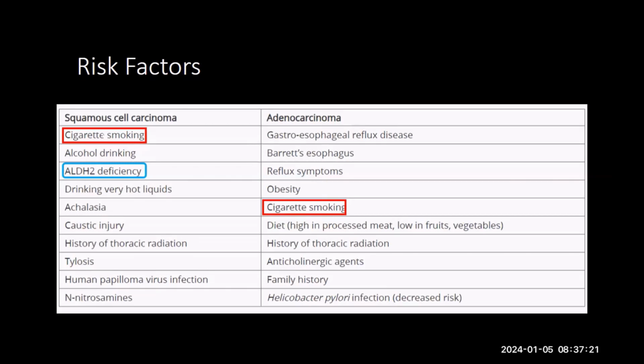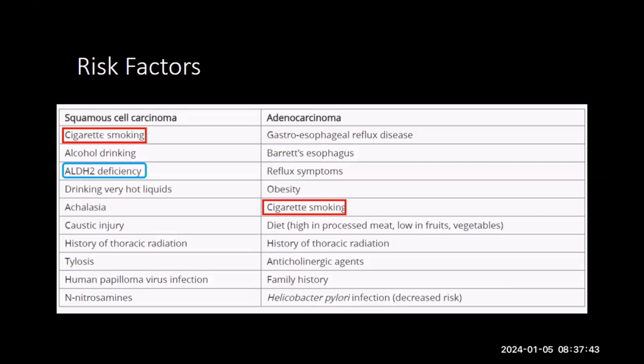One interesting risk factor seen in squamous cell carcinoma is ALDH2 deficiency. This is an enzyme used by the body to metabolize alcohol, and it is deficient in the Southeast Asian population and also in the population in Northeast India. That could be one of the reasons why squamous cell carcinoma is more common there.